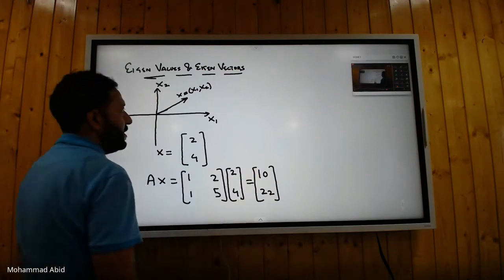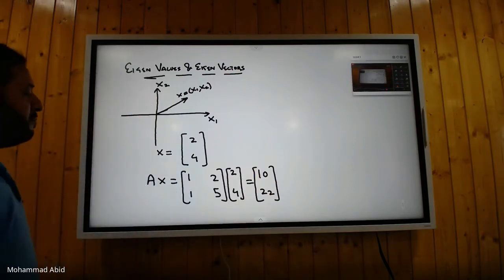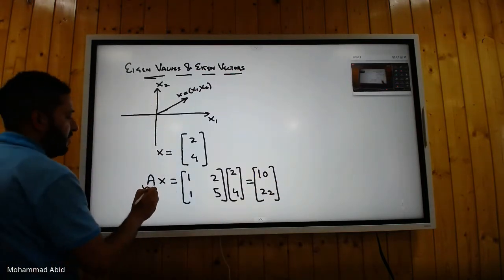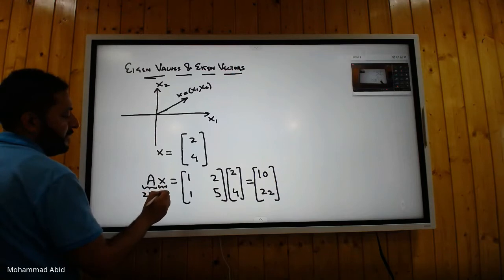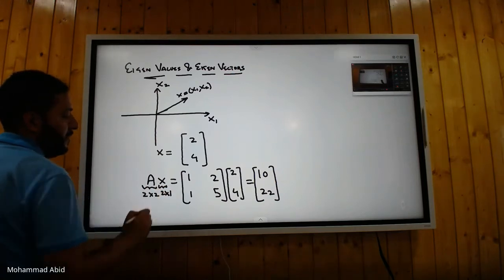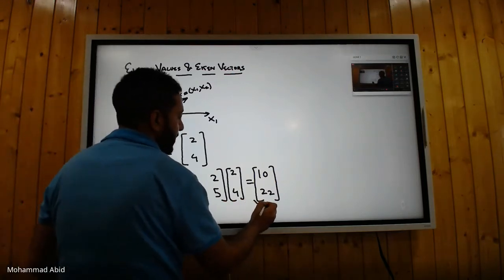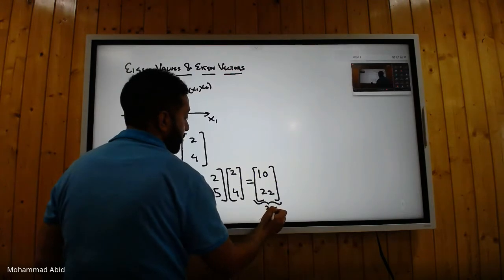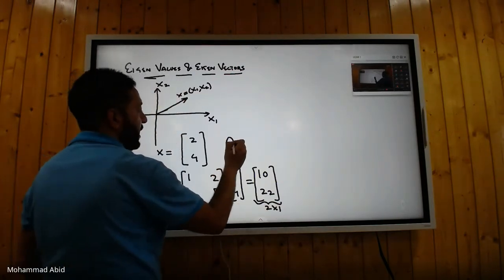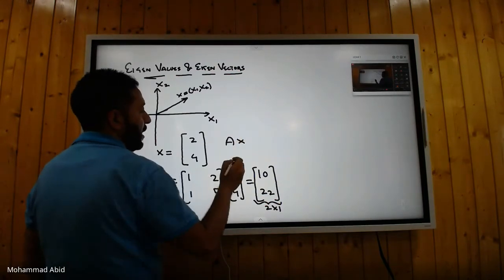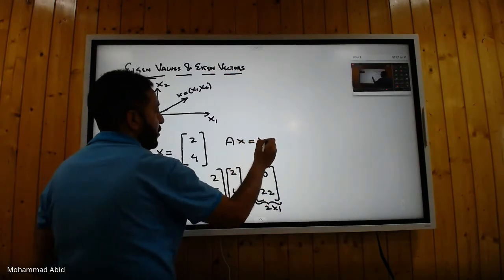So you get another vector in the same space. The size of this matrix is 2 cross 2, and the size of this vector is 2 cross 1. When you multiply them, you get another vector of the same dimension, that is 2 cross 1. That means you actually have performed the operation Ax, and you have ended up with another vector Y in the same space.